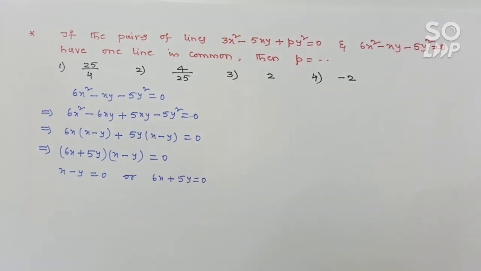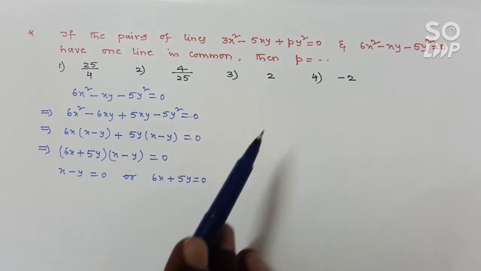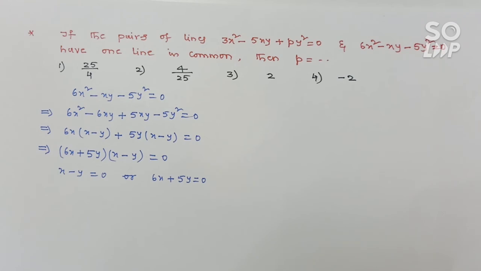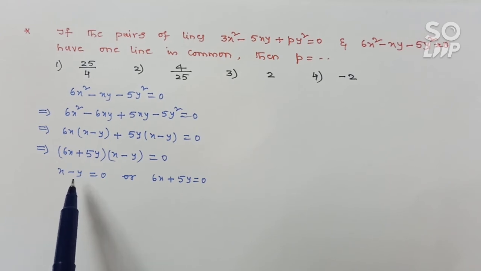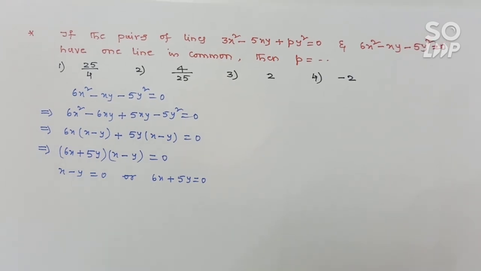See, in these two equations, any one may represent that common line. So now you know that suppose y is equal to x. Just now in the previous problem, I told you that if y is equal to x is a common line, the sum of coefficients must be equal to 0.